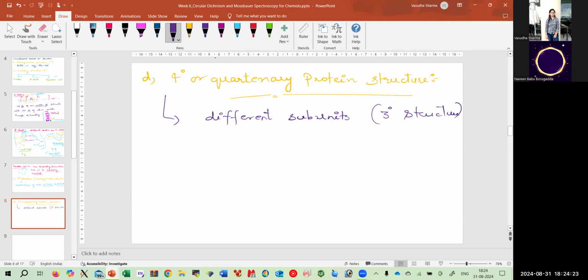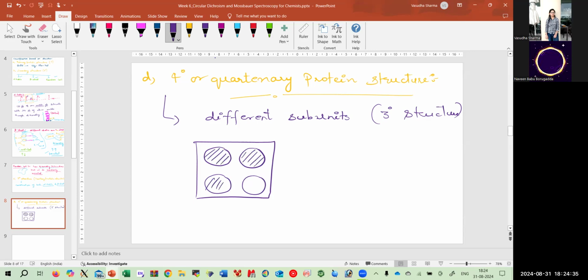Say, for example, if we consider this block where we have four different subunits, this is well defined, and these subunits are nothing but a combination of the tertiary structure.